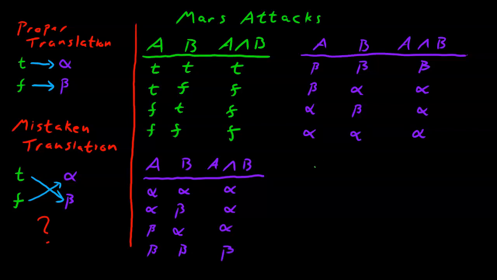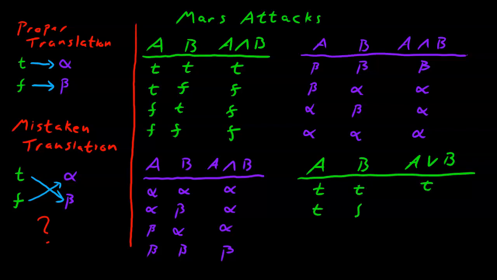Notice that if we draw our table for OR right next to this table, with rows T, T, T, T, F, T, F, T, T, and F, F, F, it looks very similar to the rearranged table that the Martian sees.